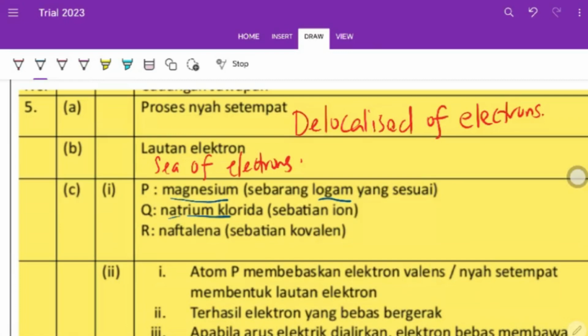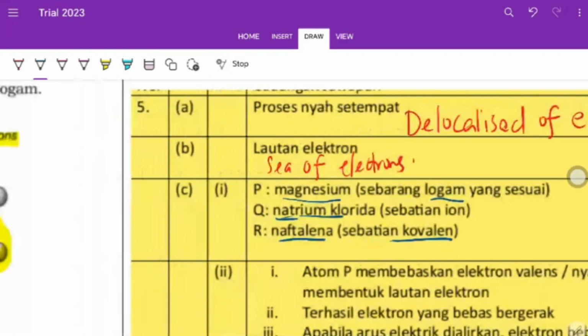Q, ionic compound: sodium chloride. R are covalent compounds, for example, naphthalene.